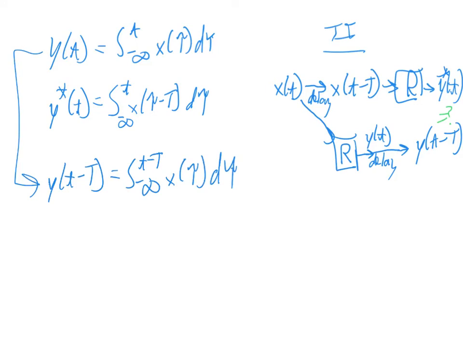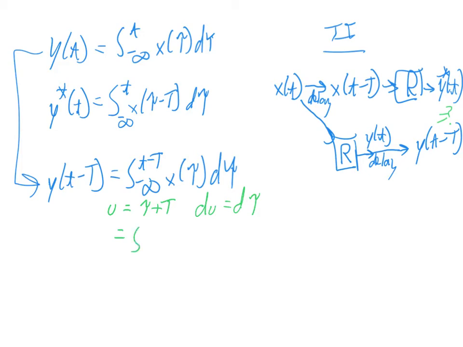And I can see that these two expressions are equivalent if I do a change of variables. So let's call the substituted variable u and set equal to the variable of integration tau plus the constant T. Then I have du equals d tau, and I can substitute into this expression.